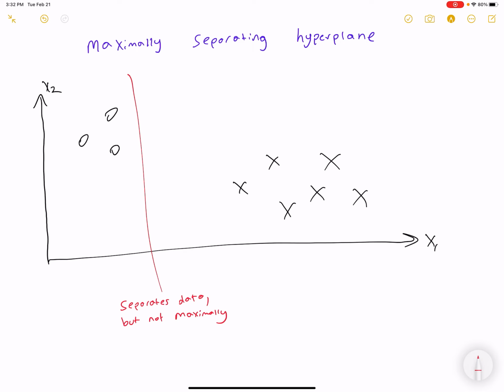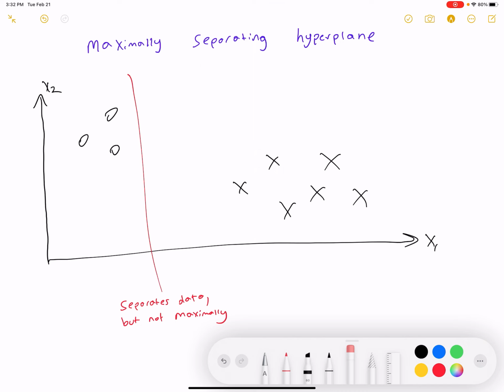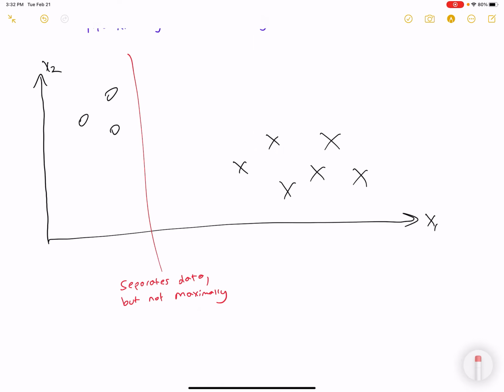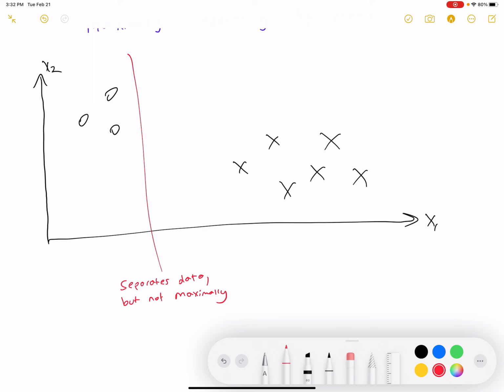And if we were learning logistic regression, it might just end up there and stop, and it would have low loss, defined by cross entropy loss, but it would not necessarily maximally separate the data points. And where it ends up in logistic regression kind of depends on how you randomly initialize the parameters. Good thing to think about.